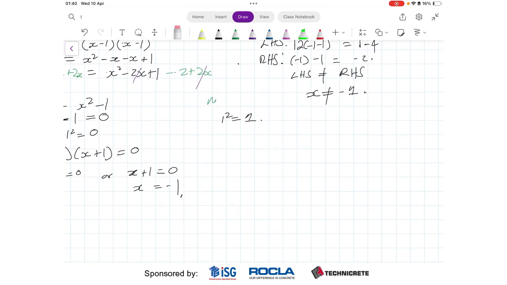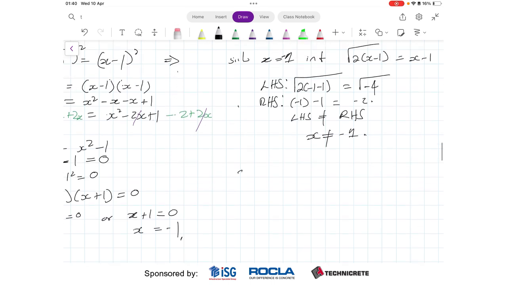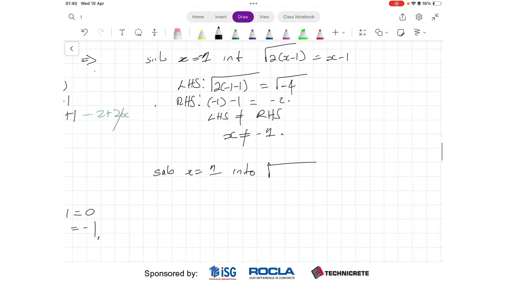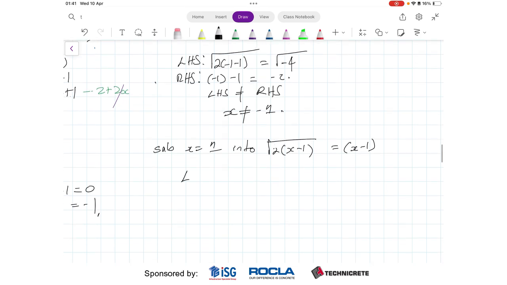Moving forward, we can then substitute x equals to 1 into 2x minus 1 equals to x minus 1, right? For the left hand side, when you sub in, you get 2, 1 minus 1, which is 0.